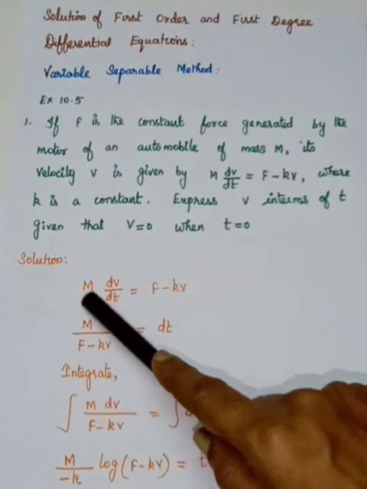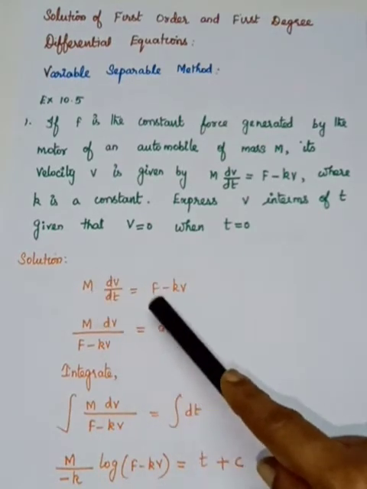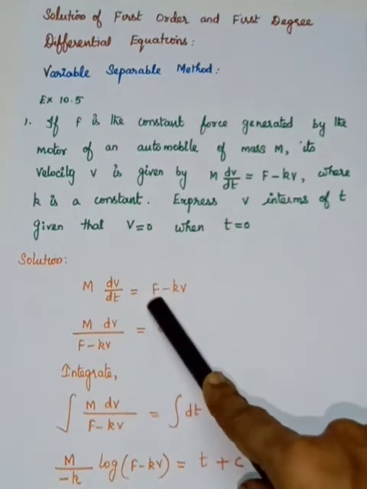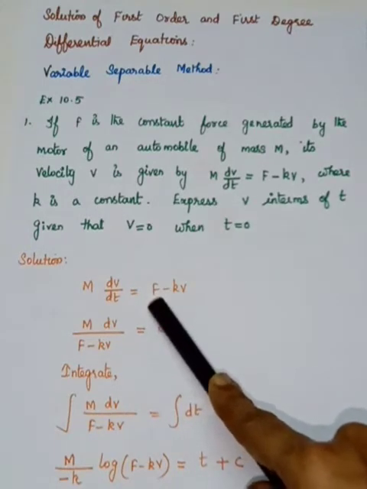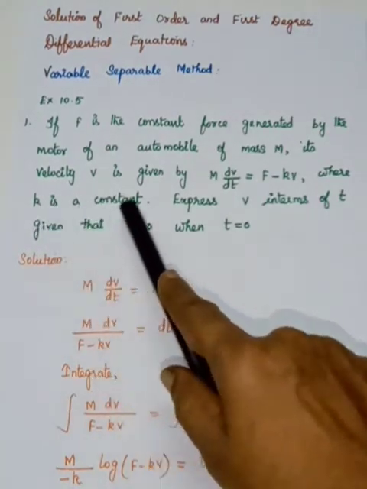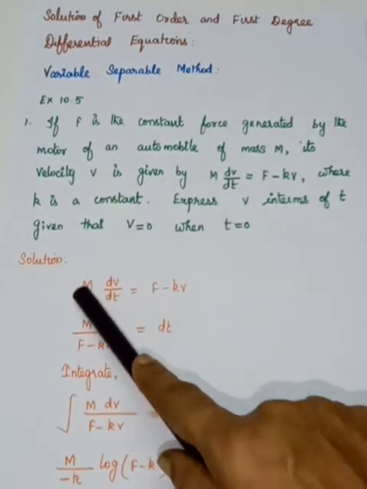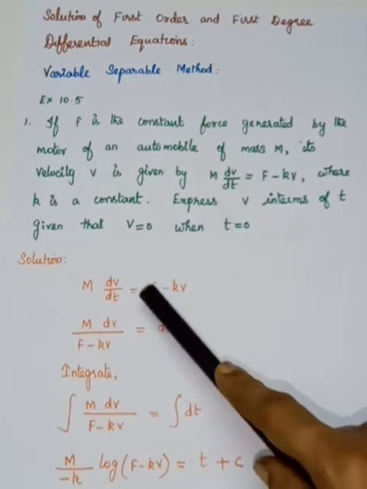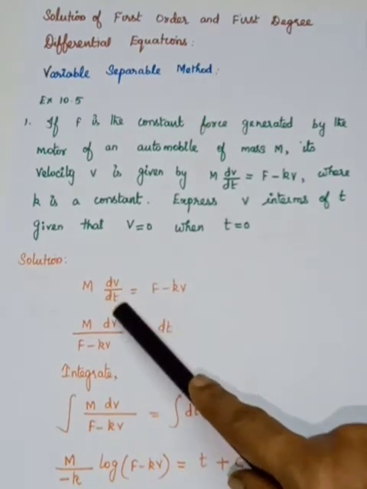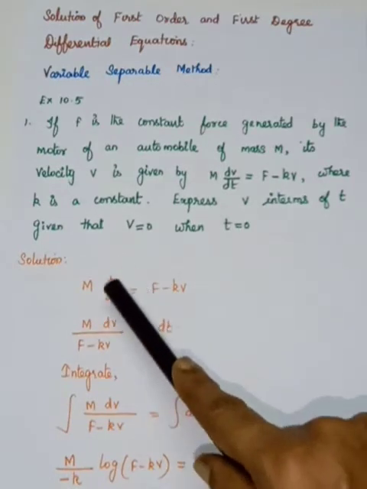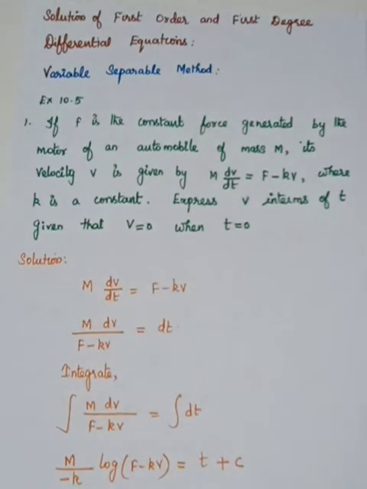So m is a constant and F is the constant force, and already they have mentioned k is a constant. So m, F, k are constants, and v depends on t. So you have to write the expression in terms of v and t.